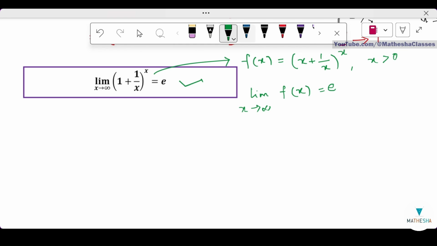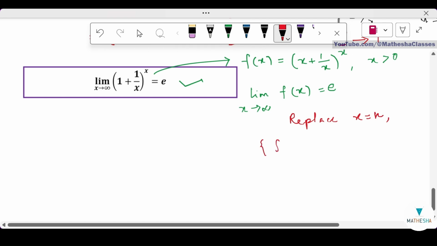Now, due to our previous result, if you replace x with n to construct a sequence f_n, that means the nth term of the sequence is (1 + 1/n)^n, then इसका लिमिट भी e होगा.